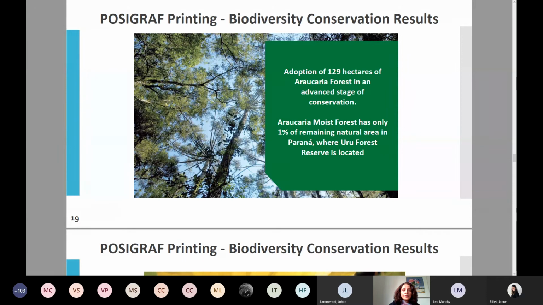They adopted 129 hectares of Araucaria Forest. It's a moist forest, Araucaria moist forest ecoregion, has only 1% of the remaining natural area in Paraná. So it was a very critical ecosystem, and the strategic decision from Posigraph to adopt this area.